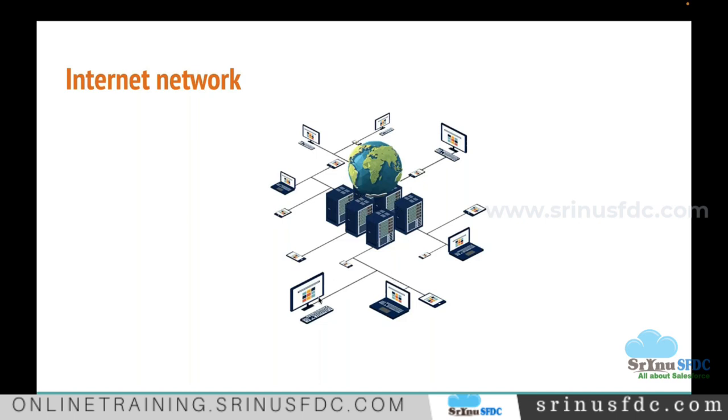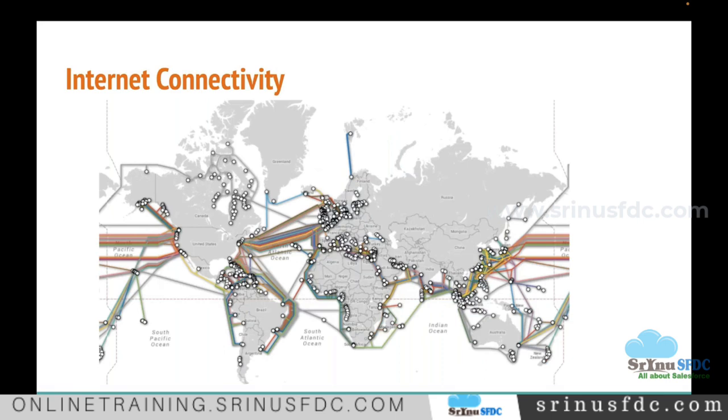Based on the country from which we are trying to access YouTube, they will route to the specific server and deliver that content. At a high level, we should know what a server is, what a client is, and what a computer is. And how exactly does it connect to the server?